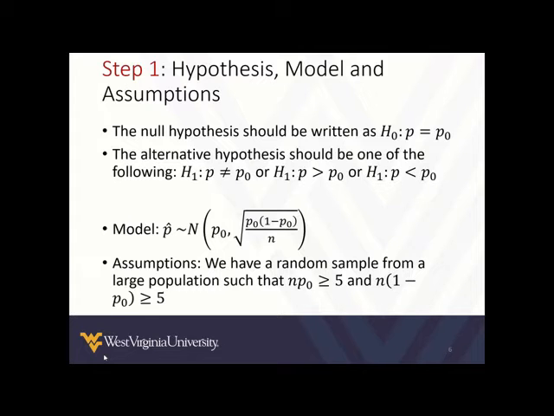And as far as assumptions, we need to have a random sample from a large population such that n P naught is greater than or equal to 5 and n times 1 minus P naught is greater than or equal to 5. So essentially, we need to have at least 5 successes and 5 failures in order for this assumption to hold.